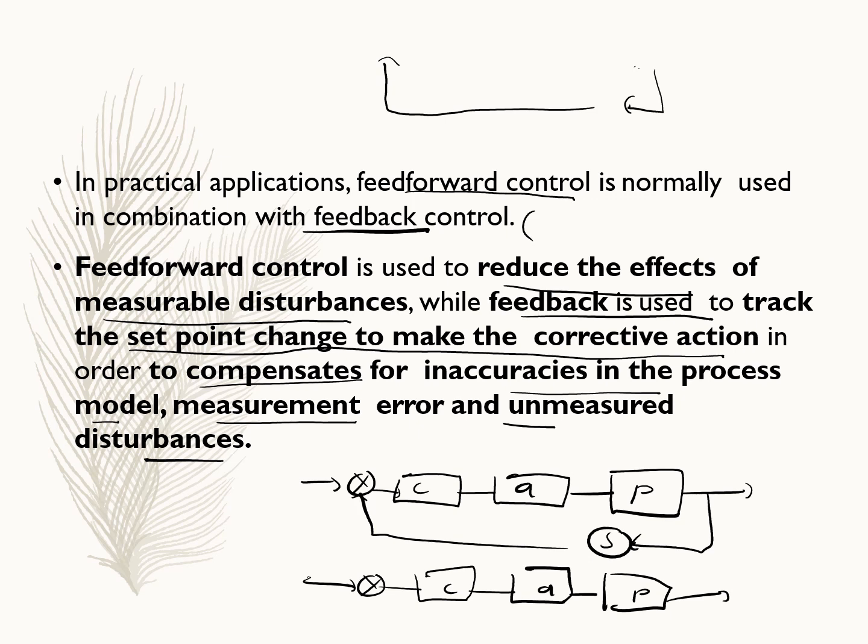For example, if the disturbance is in here, we need to measure here, connect with a sensor, and then it will send the information in here, and then the controller will take an action. The controller will decide, the actuator takes an action. Here goes the process, and then output here. So this input is our set point. Okay, so I will explain in detail what feed forward is in the next slide.